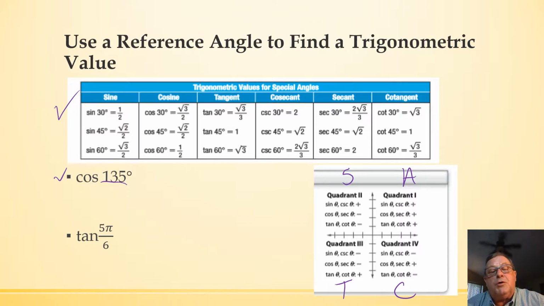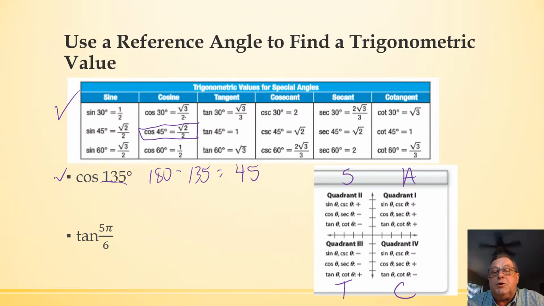We're in quadrant 2, which means our cosine functions are going to be negative. And in quadrant 2, if I'm in degree mode, I can find the reference angle by 180 minus theta, in this case 135. And that's going to equal 45. So the cosine function at 45 degrees is the square root of 2 over 2.